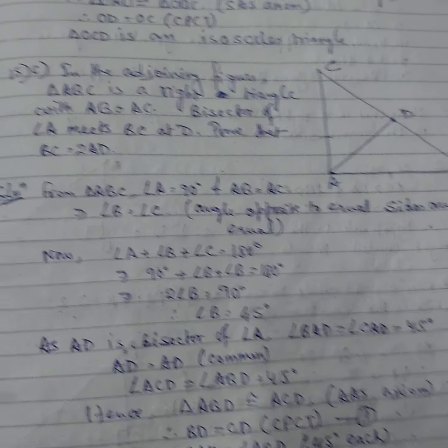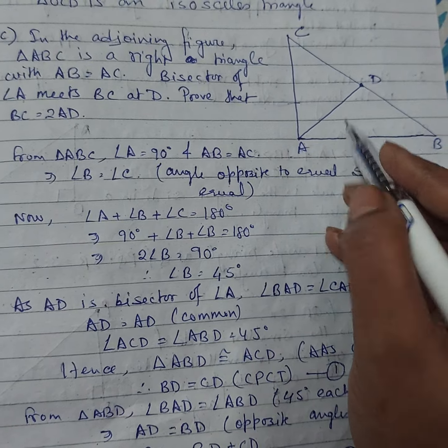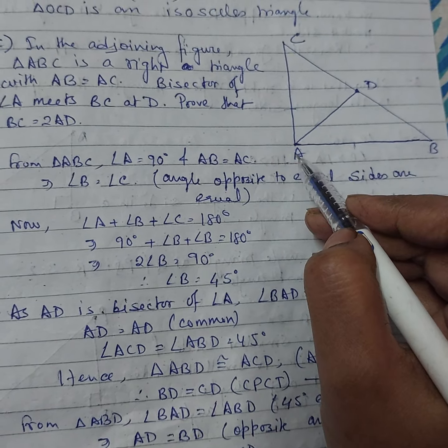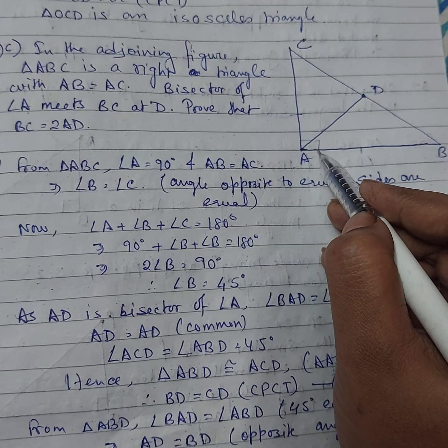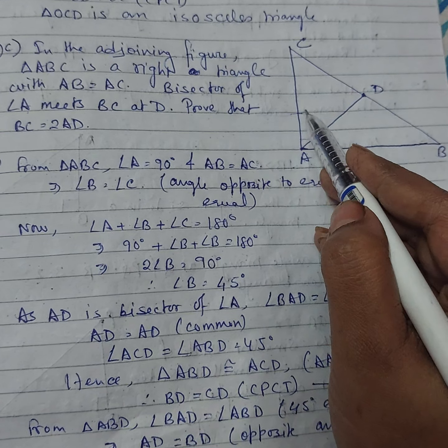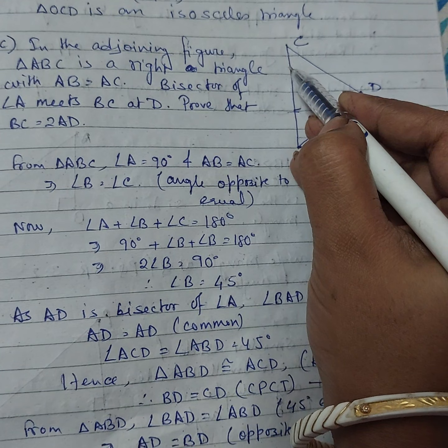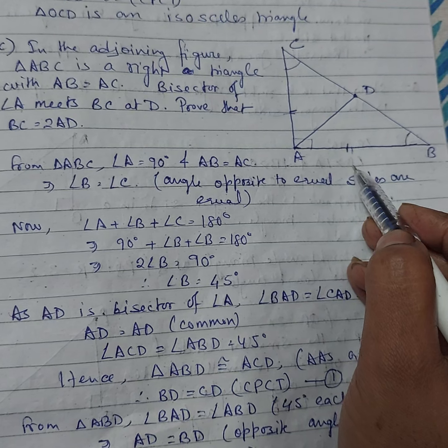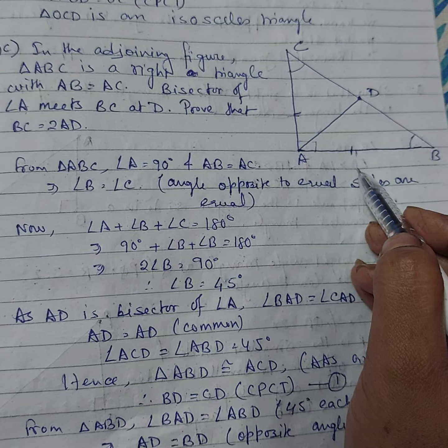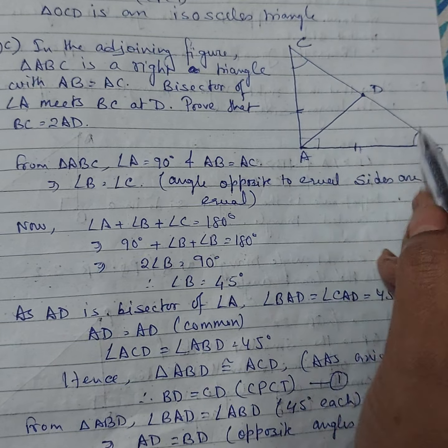Okay, so for that, what you have to do? From triangle ABC, angle A is 90 degrees and AB is equal to AC. That means angle B should be equal to angle C, because these two sides are equal.